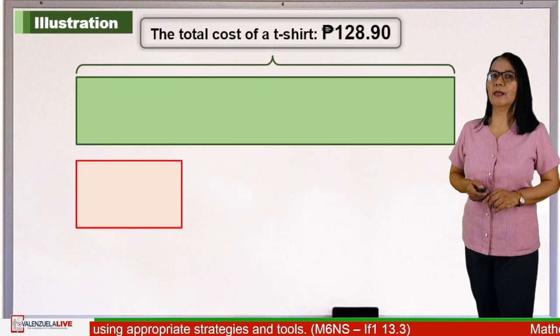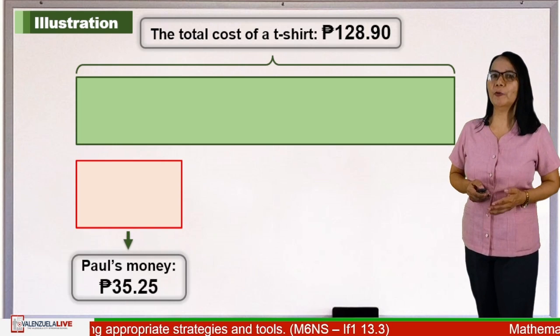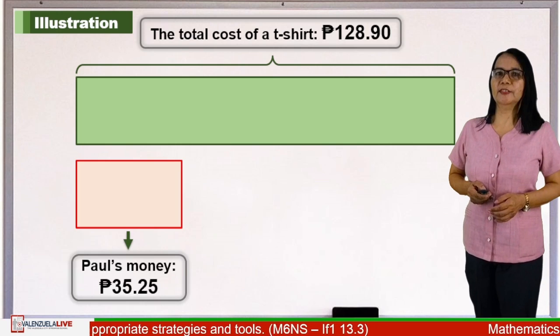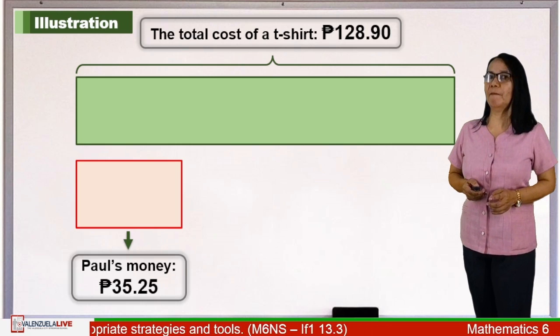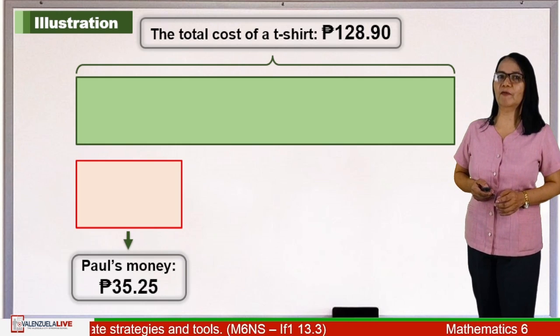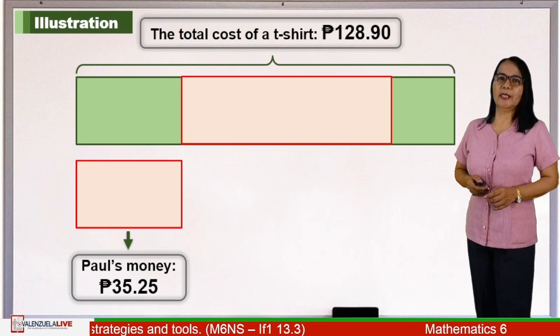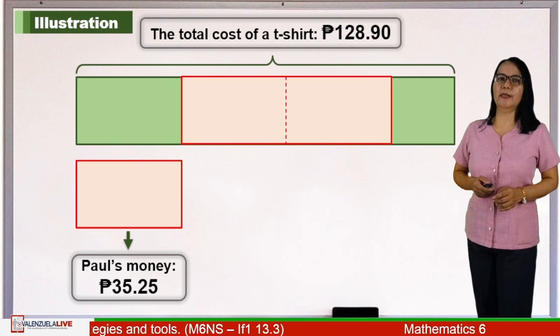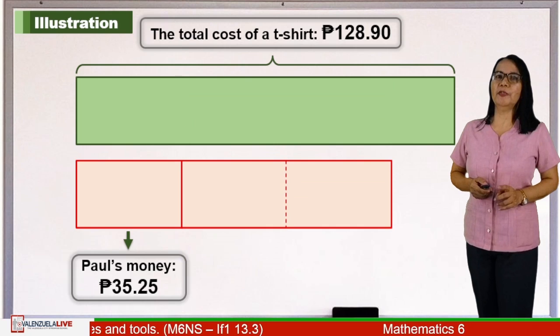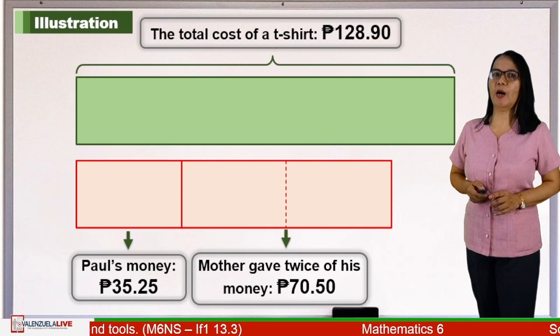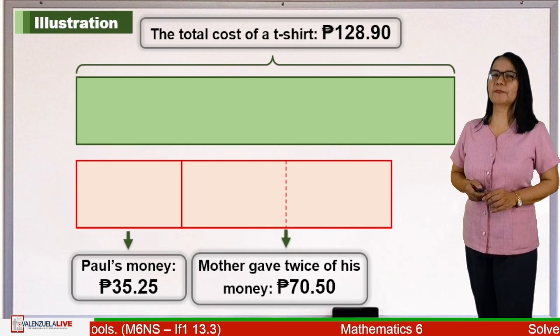The first part represents the amount of money in his wallet, which is 35 pesos and 25 centavos. The second part is the amount of money his mother gave to him, which is twice of his money.